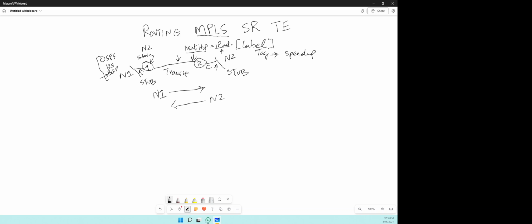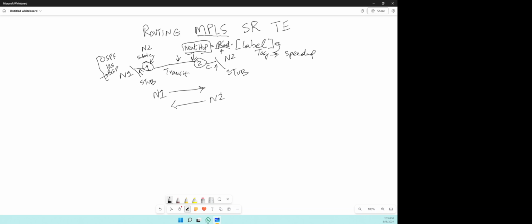Then it evolved into label switching. So now the next hop is always going to be there, right? But now we're using labels or tags for next hops, not IP addresses.